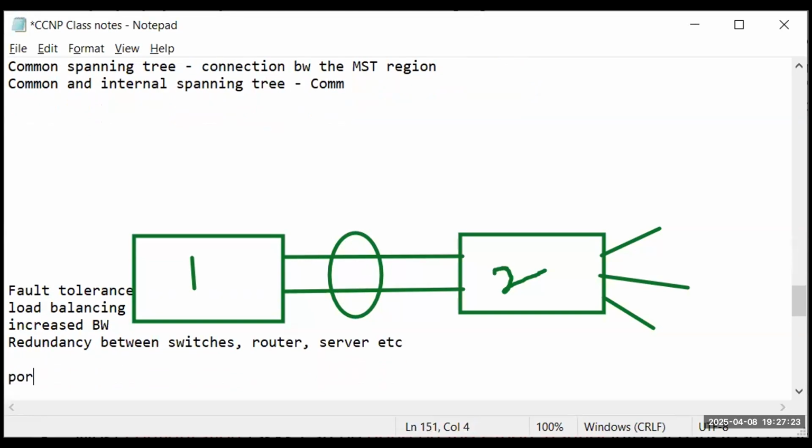So Ether channel is a technology, but how is that achieved? By putting all the physical interfaces into a logical interface called a port channel.